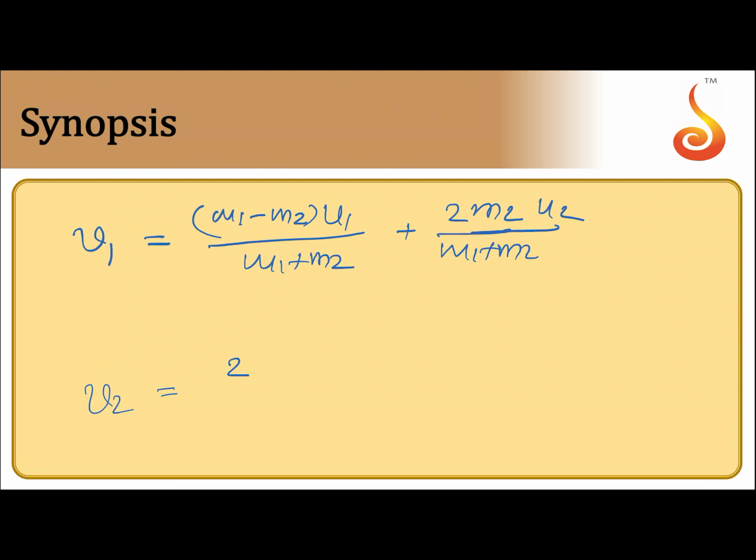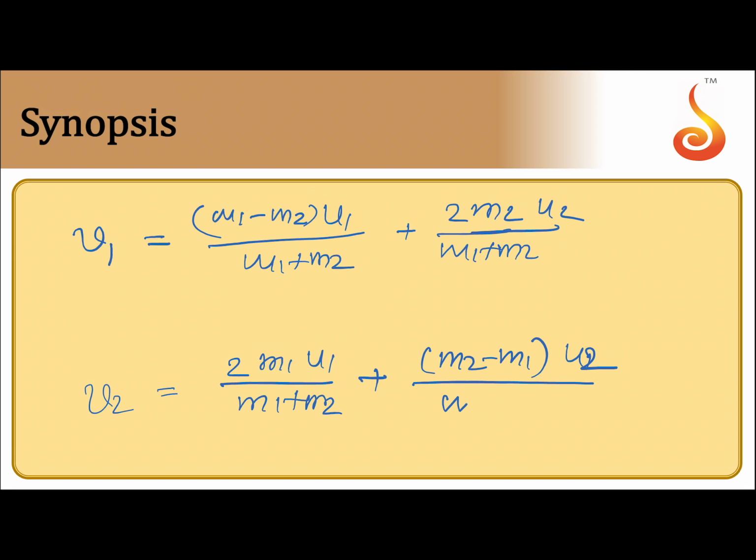Likewise, v2 is given by (2m1 u1 plus (m2 minus m1) u2) divided by (m1 plus m2). Remember these results: if the collision is elastic and head-on, these are the post-collision velocities.